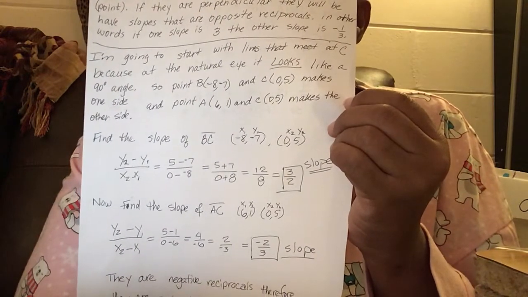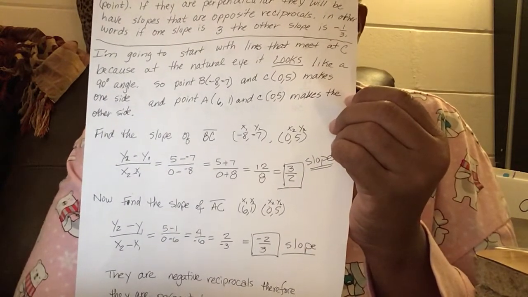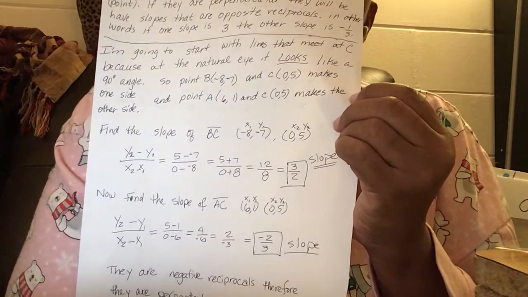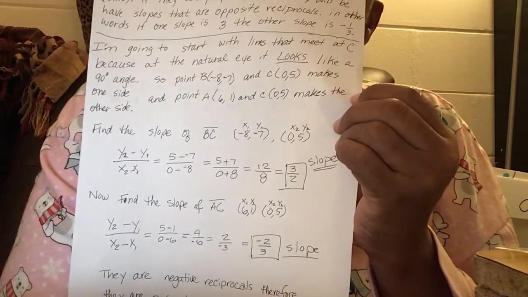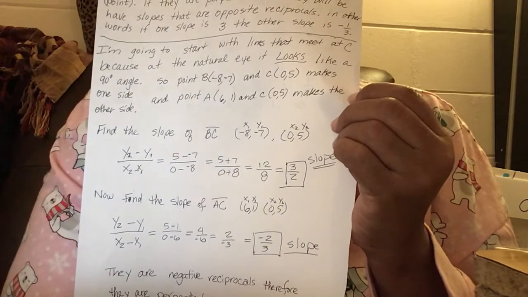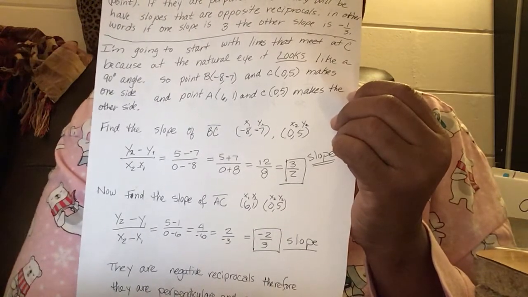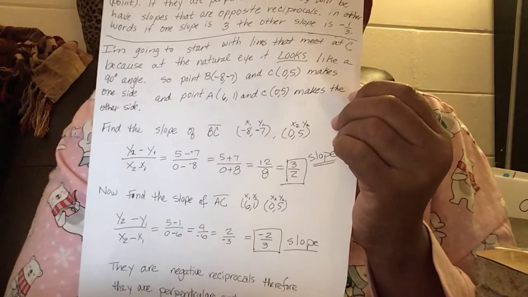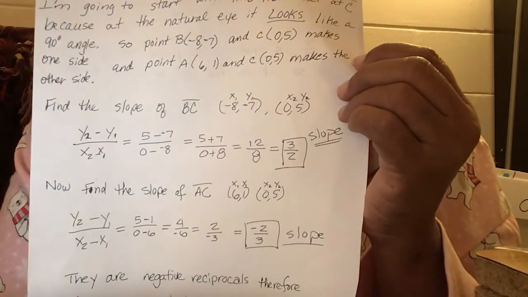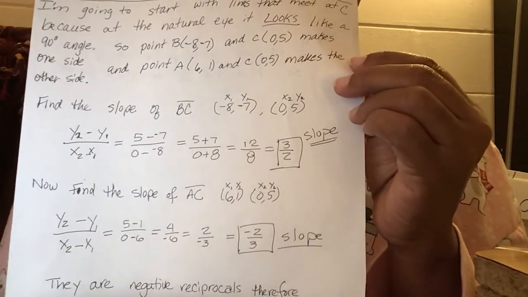Find the slope of segment BC, which is that side, from -8, -7 to 0, 5. You see how I put x1, y1, x2, y2 at the top. The formula says y2 minus y1 over x2 minus x1.